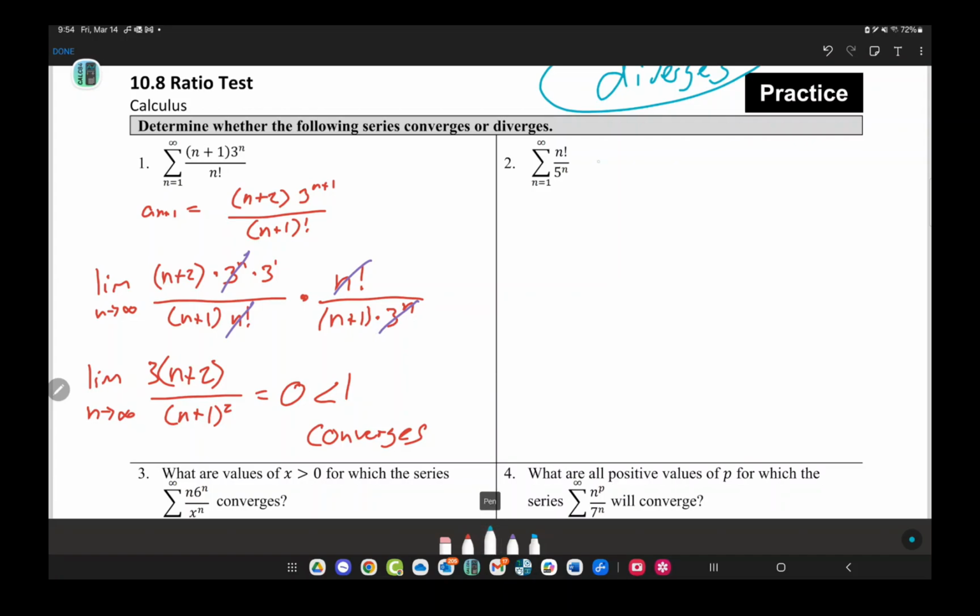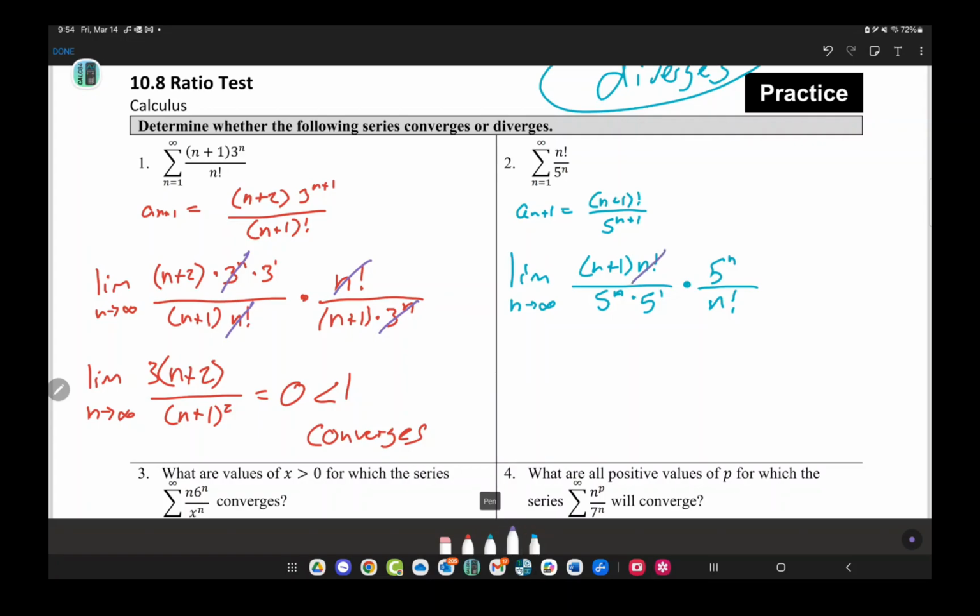So the second one, a of n plus 1 is equal to n plus 1 factorial over 5 to the n plus 1. So the limit as n goes to infinity, and I'm going to go ahead and simplify this to be n plus 1 times n factorial over 5 to the n times 5, times the reciprocal, 5 to the n over n factorial.